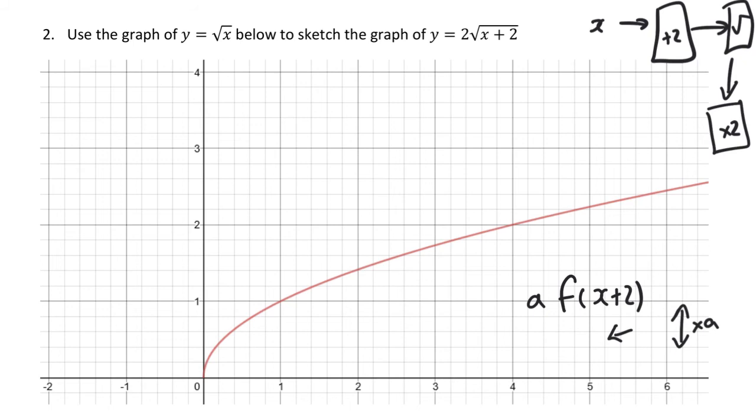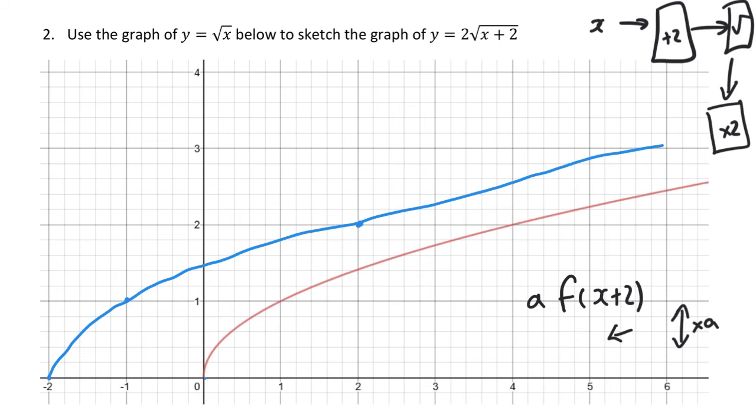So we'll do this in two stages. We'll do the translation first of all, 2 units to the left. So 0, 0 is going to be moved to minus 2, 0. 1, 1 is going to be moved to minus 1, 1. 4, 2 is going to be moved to 2, 2. And what we should have is something that looks like that. Then we're going to stretch it vertically by a factor of a, which in this case is 2.